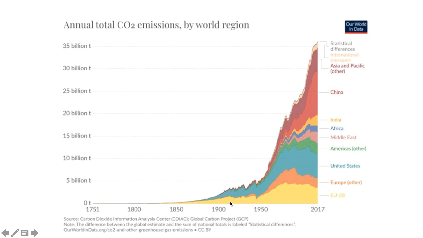In the 1900s, here we've got the United States joining in, producing lots of carbon dioxide. It's only relatively recently that China has started producing lots of carbon dioxide. So it's HICs that are responsible for the amount of carbon dioxide that is in our atmosphere now.